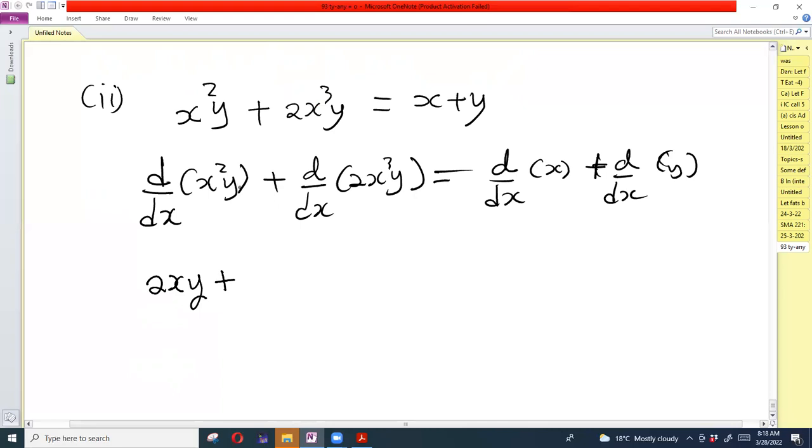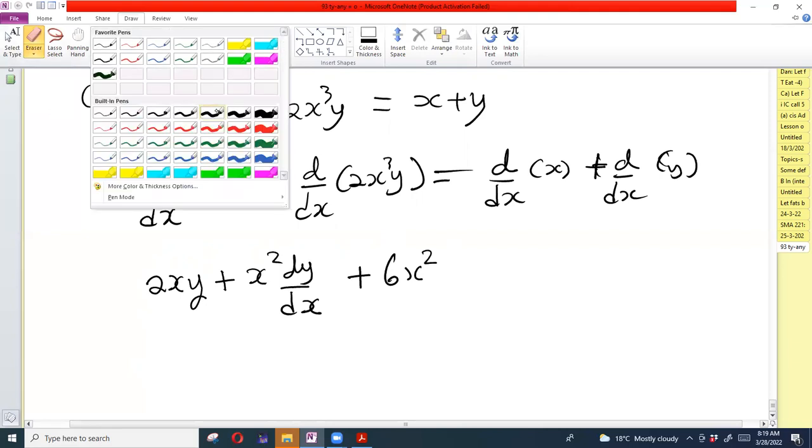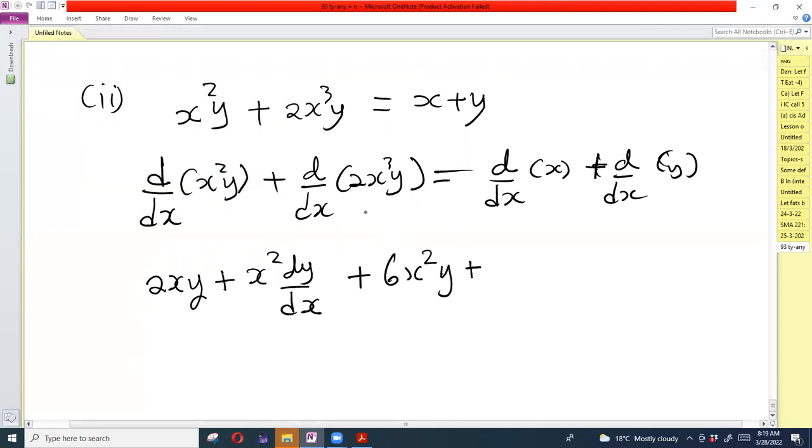So d/dx of y is dy/dx times x squared, which will be x squared dy/dx, plus, taking 2x cubed to be u, u prime will now be 6x squared times y, plus, now d/dx of y is dy/dx, so it will be 2x cubed dy/dx, equals d/dx of x is 1, d/dx of y is dy/dx.